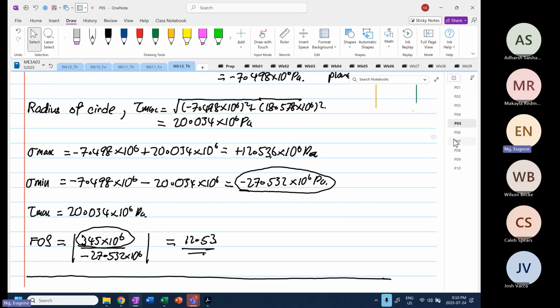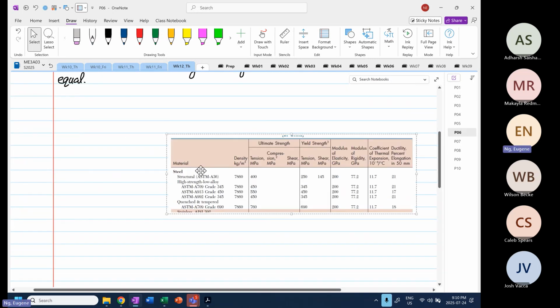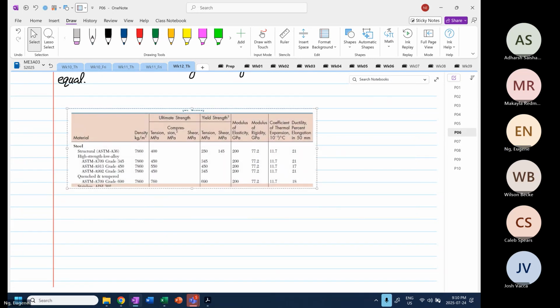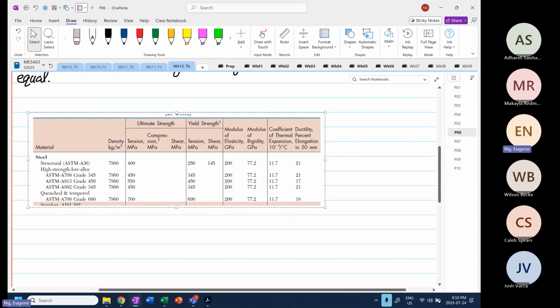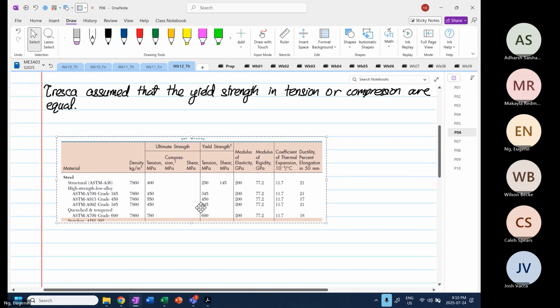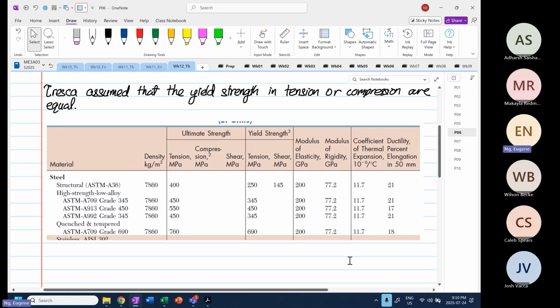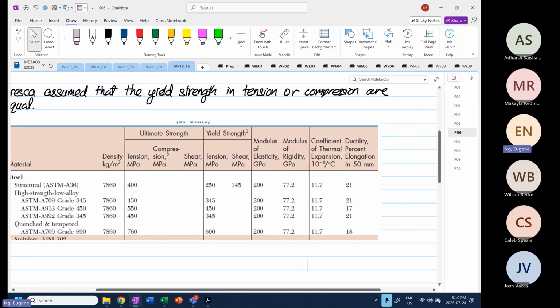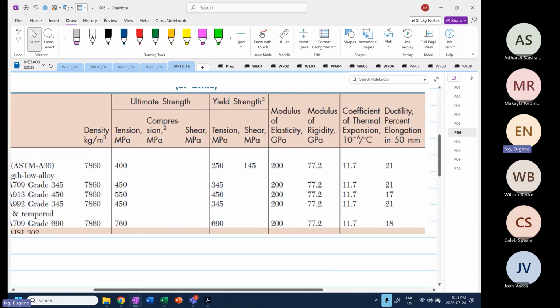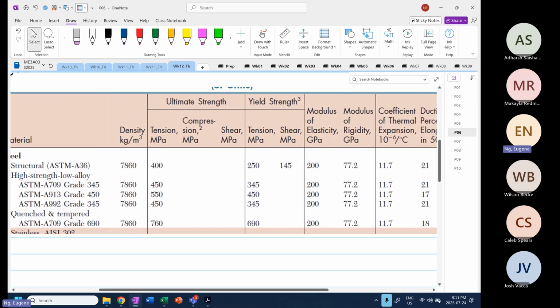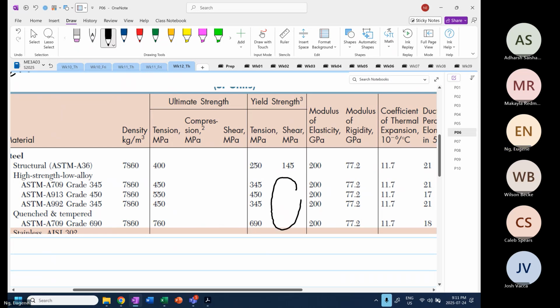So I'm going to copy this table, and we are going to look at the yield criteria now. Let's say you are given this table and told by your supervisor or chief engineer to calculate the shear stress. You don't have any shear stress value over here; you only have one, which is 145.